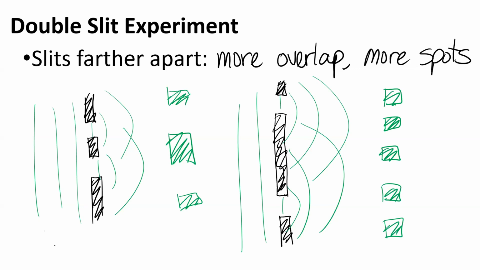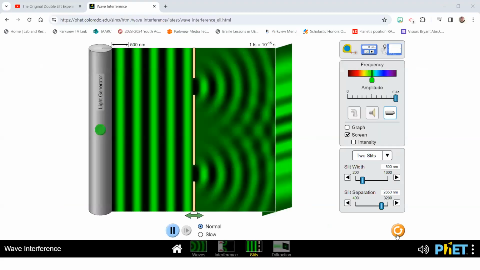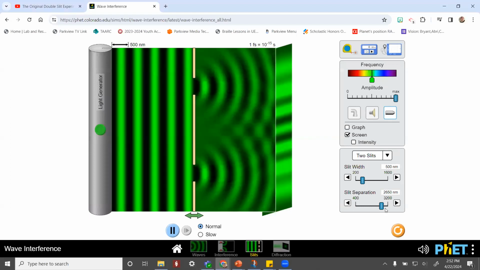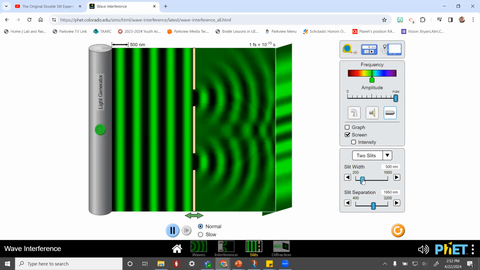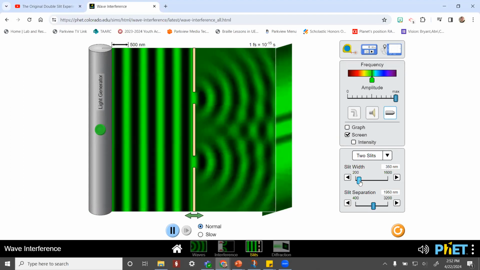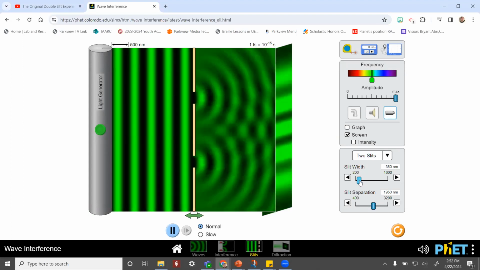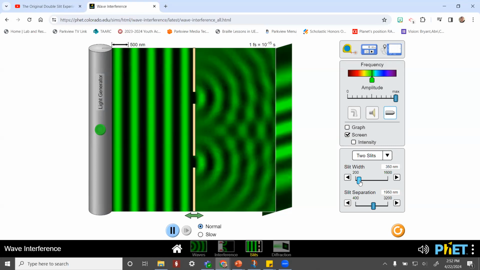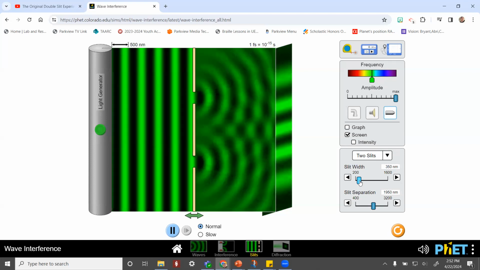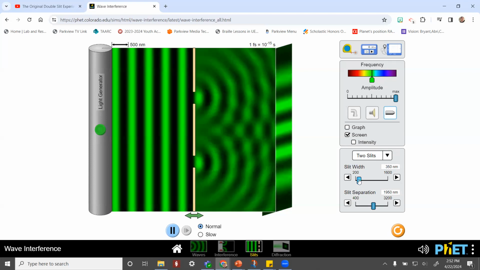And then the last thing we need to know is what happens if slits are wider. Let's put the separation back around the middle, and let's start with very narrow slits. And so let's see, we've got 1, 2, 3, 4, 5 very, very distinct dots.